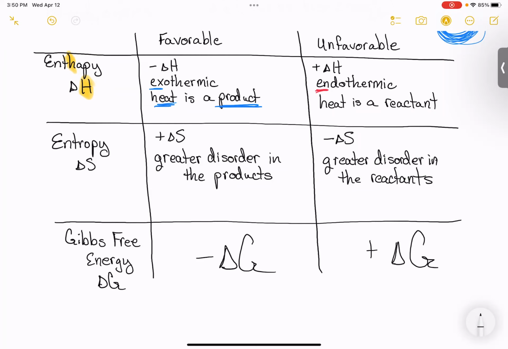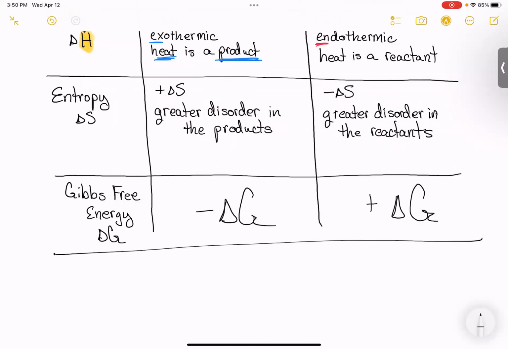We gotta get back to work. Okay. So now we're going to talk about entropy.